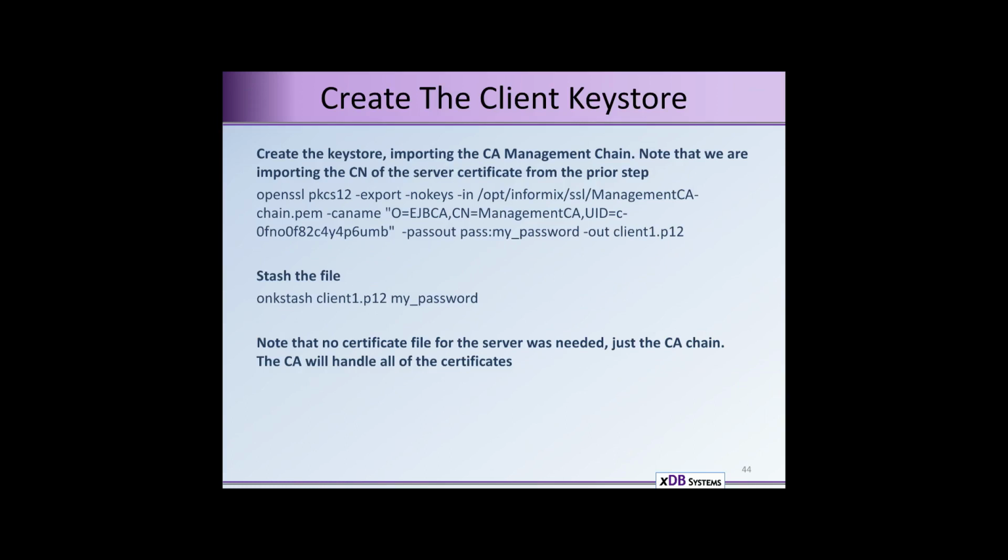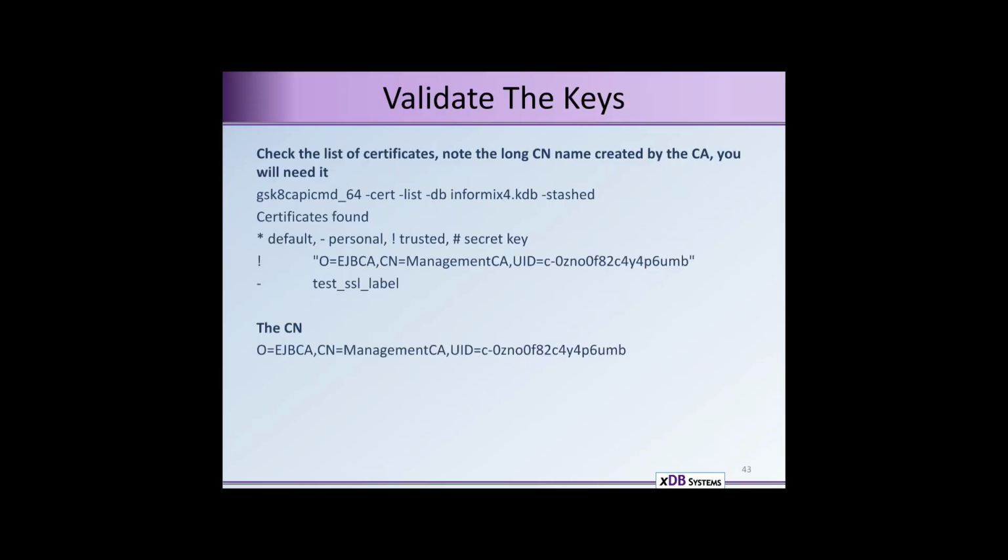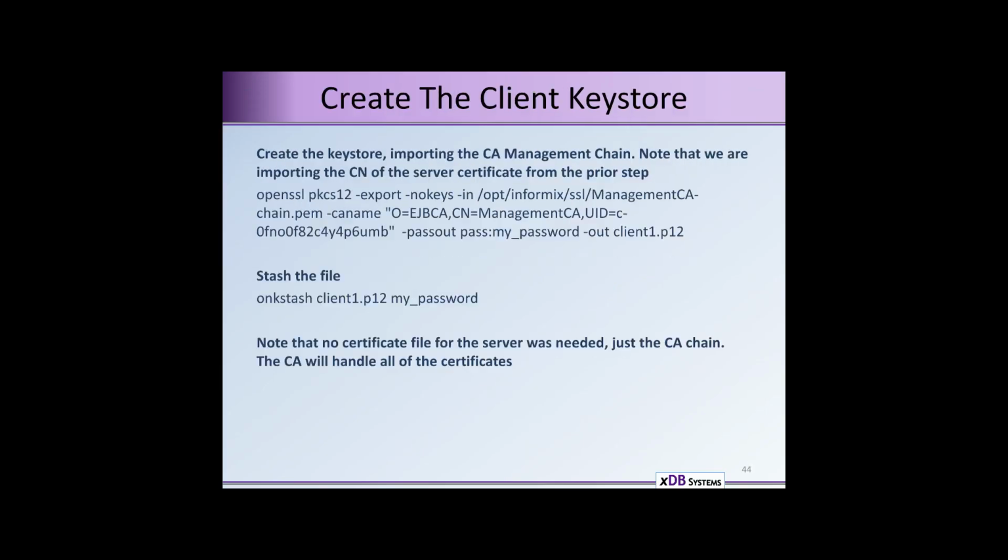The CA name must match what the server had for the name here for the CN, so it knows what it's expecting and how to associate. I give it whatever my password should be for the client key store and then output a client P12 file. Notice that's it. Notice I did not import a server key. All I imported was the chain key.